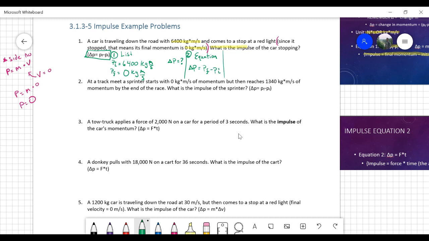Alright, so that leaves us with step 3, which is just to solve the problem. How do you do that? Well, plug in your numbers. Okay, so delta P, we don't know what that is. We don't have any number for that, so we cannot change it. Final momentum, PF, is 0. Okay, so we plug that in.